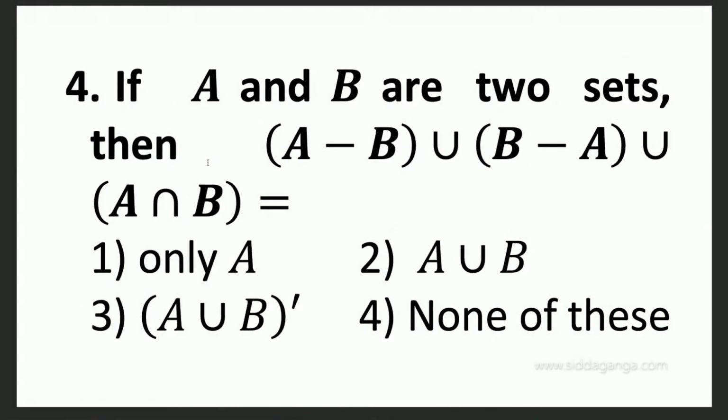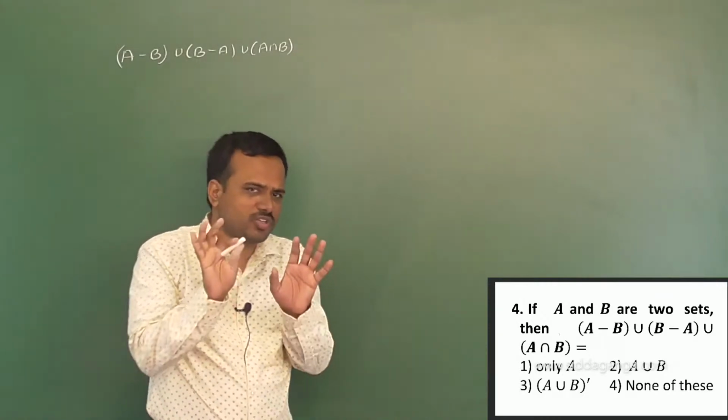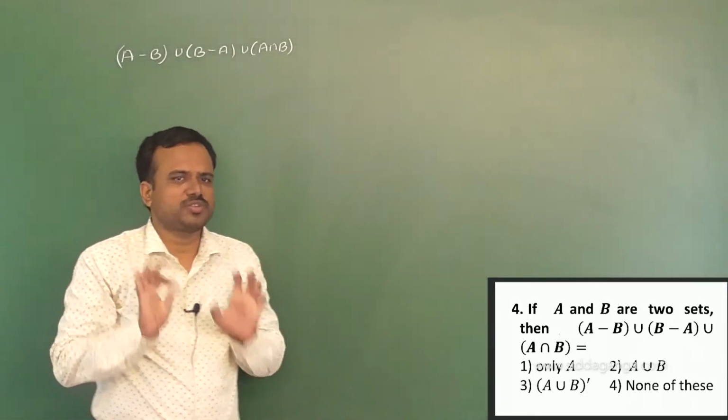If A and B are two sets, what has been given? A minus B union B minus A union A intersection B is equal to what? It is very lengthy, so we solve this type of problem by using a Venn diagram.